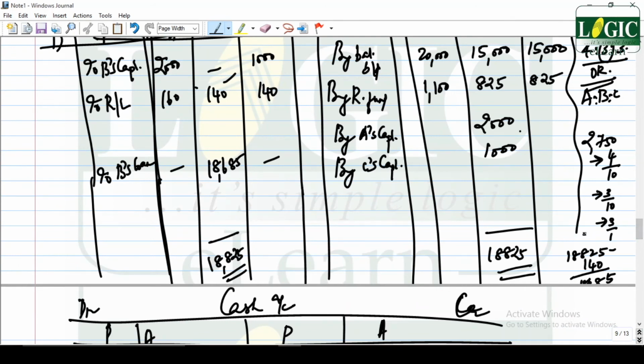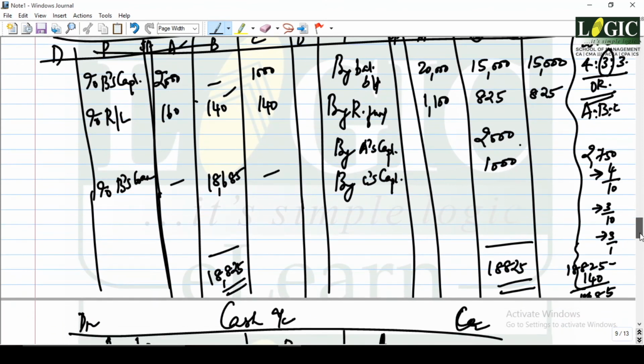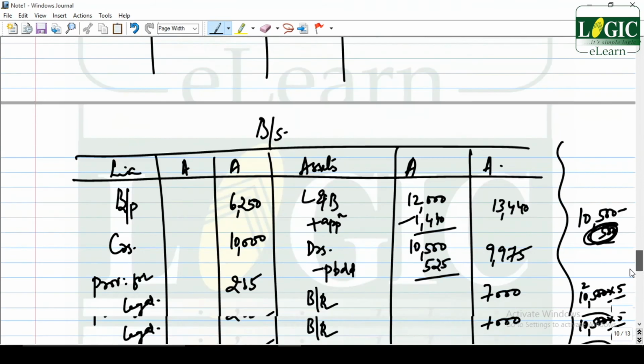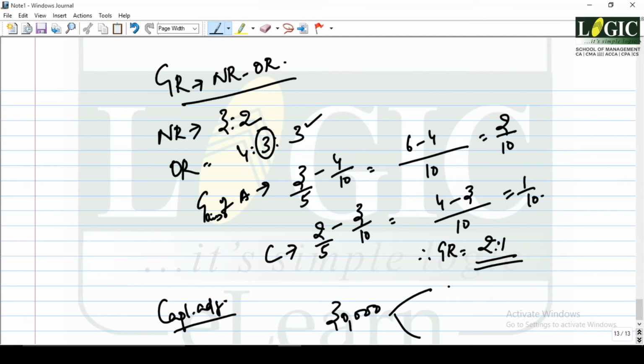Now regarding the continuing partners, you cannot do anything, but you will have to do capital adjustment. Now listen here, capital adjustment. They decided to fix capital at 30,000 to be done in the new ratio 3:2.